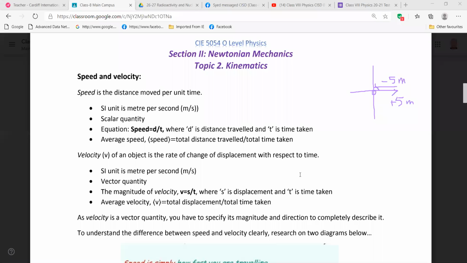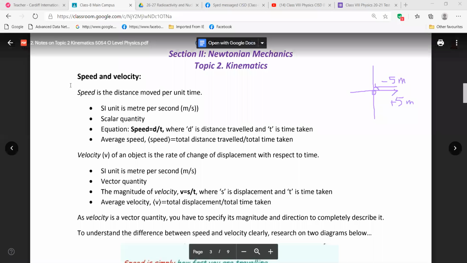Abdullah is silent. Mithila, Maruf, are you there? Yes, sir. Okay, Mithila, you read this part. Try to join early. Sir, which one, the speed and velocity? Yes, yes.